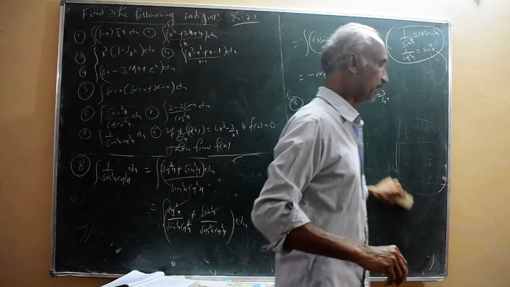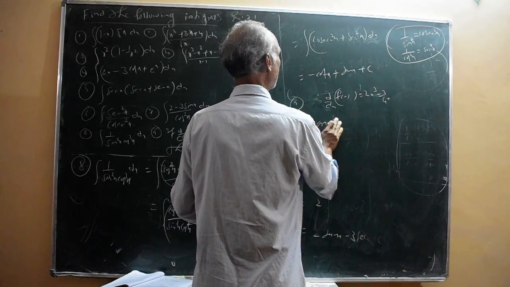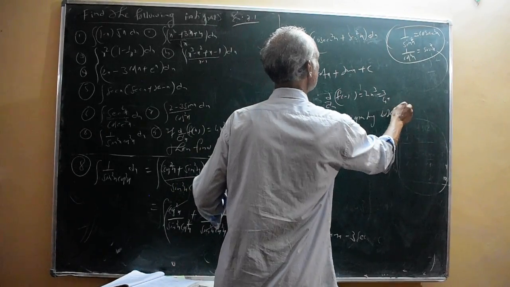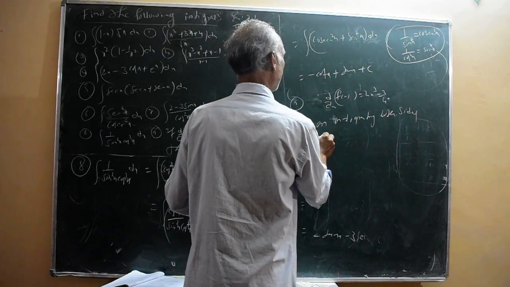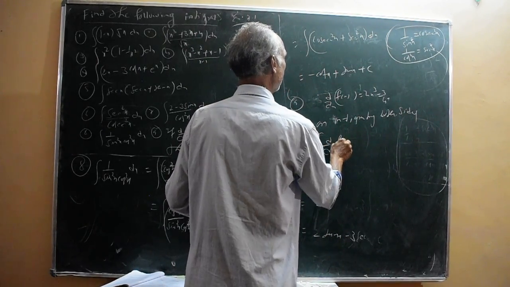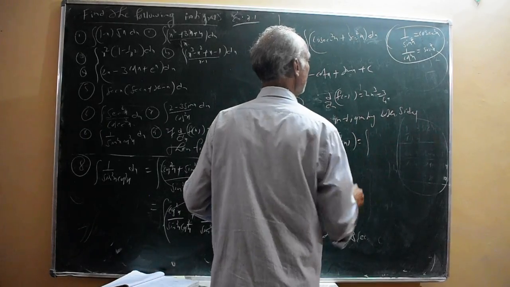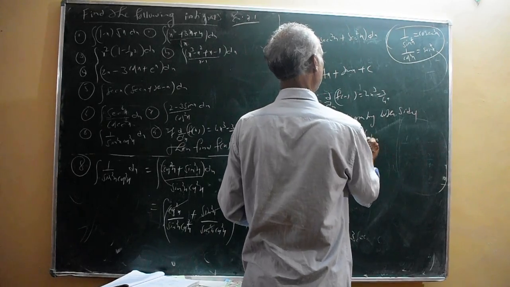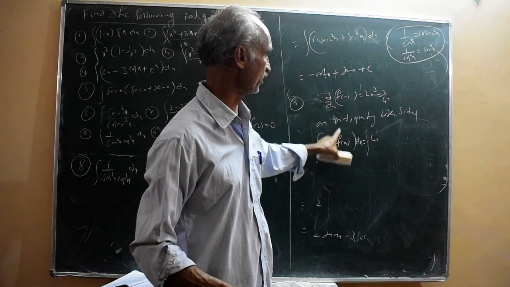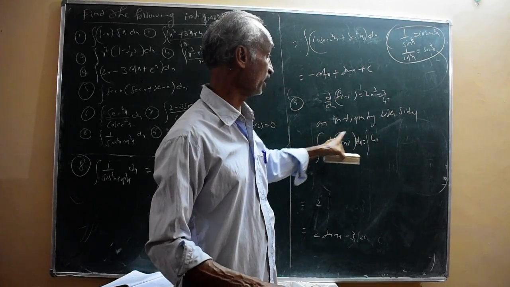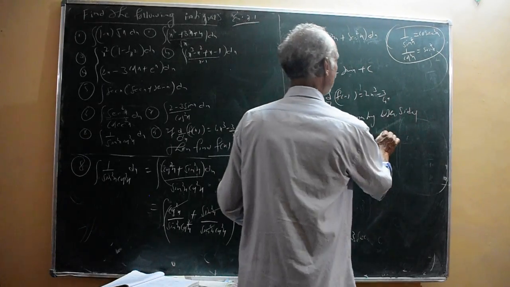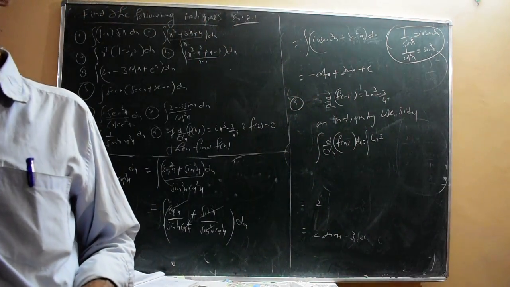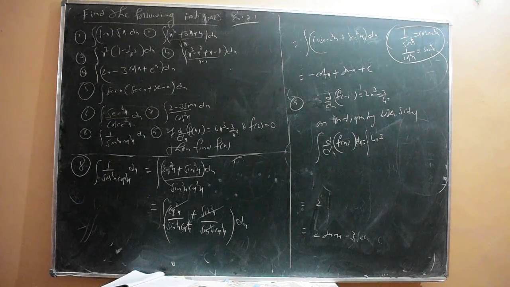On integrating both sides, integration of d by dx of f of x, 1 dx, is equal to integration of 4x cubed minus 3 by x. Whenever integration is taken, you have to put dx. If you are differentiating with respect to x, you take dx in the denominator. Integrating with respect to x means you take dx in the numerator.